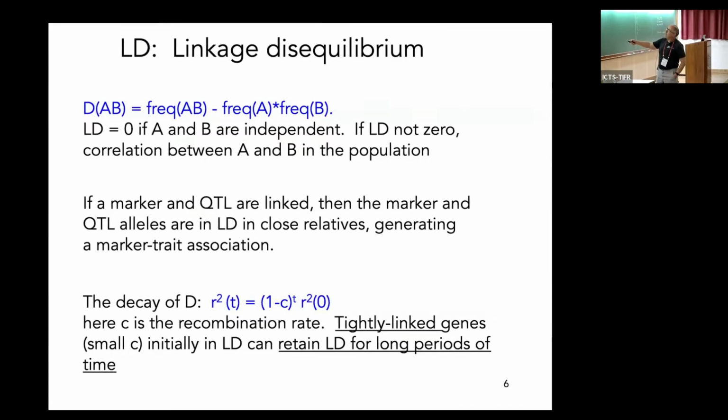What that means is, if I have some initial correlation, some R squared between M and Q, after T generations, this is how much remains. And so what you see is that this decays away for a long time unless C is really, really tiny. And you can score that by simply taking your organism and looking at markers, looking at how long the average LD block is. And it ranges from under a kilobase to several hundred kilobases, depending upon your species. And I'll talk about that a little bit.